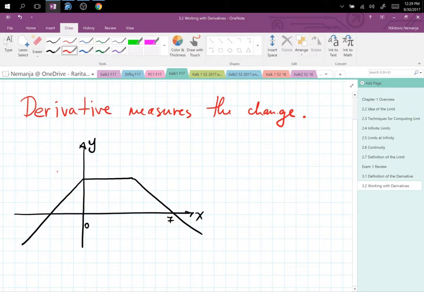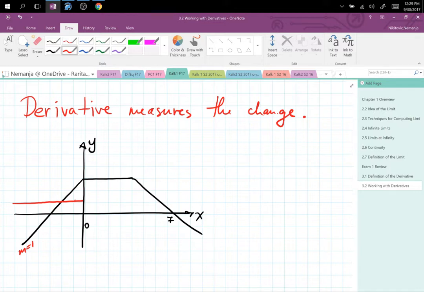It is positive 1, because you go 1 square over, 1 square up, 1 square over, 1 square up. So the slope of this line is 1, which means that the derivative is 1 on the same interval, negative infinity to 0 on the x-axis. The function has the slope of 1, which means the derivative is 1.